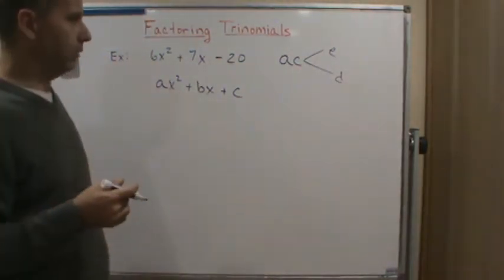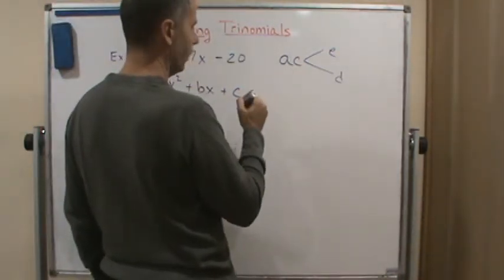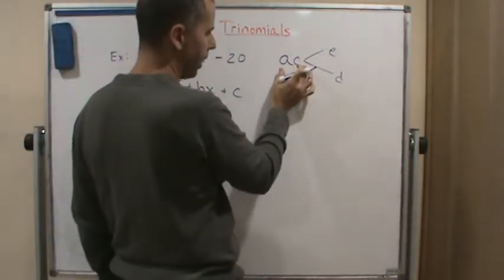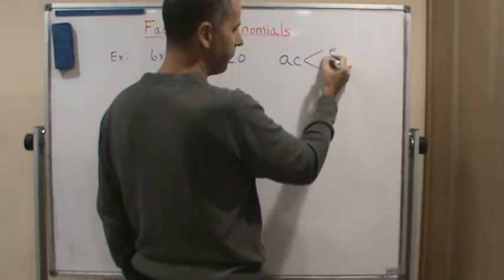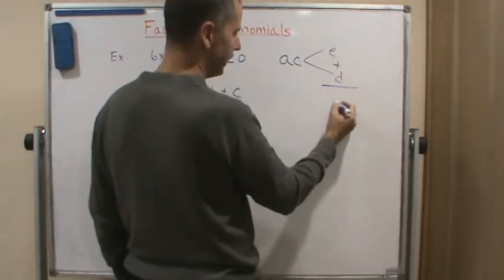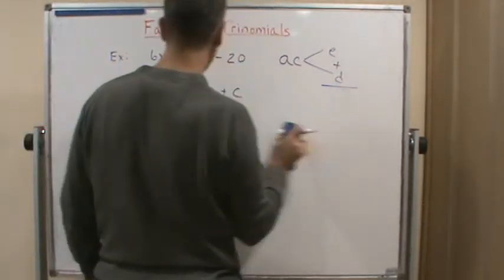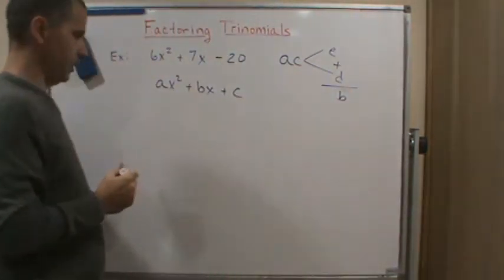We take this product, whatever this number turns out to be, and find two factors of it that when we add them together give us the middle term.